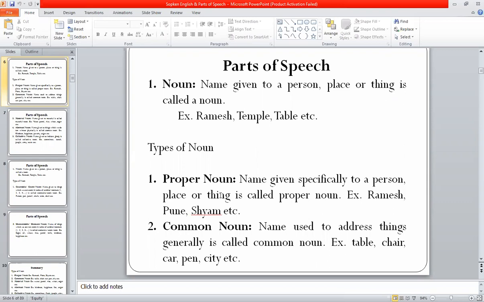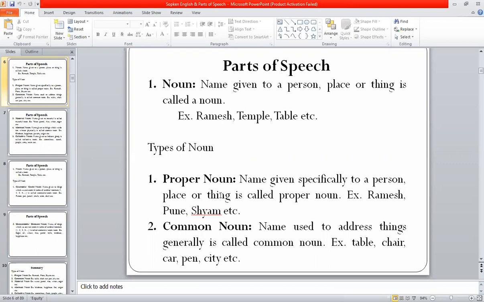Then any type of class, any type of animal which comes under a class, is also called with the help of a common noun. We don't call a dog a proper noun. It is called a common noun, dog.